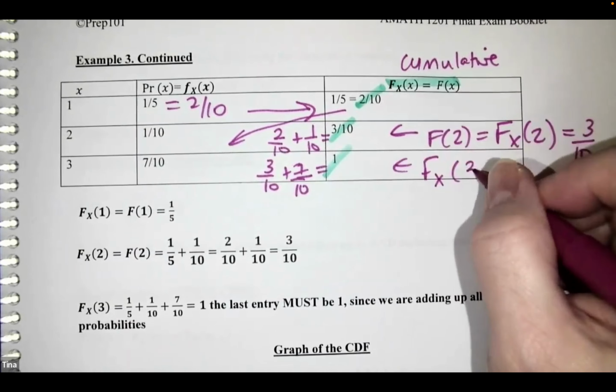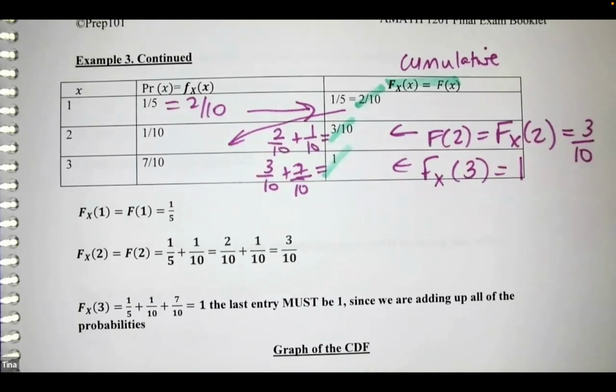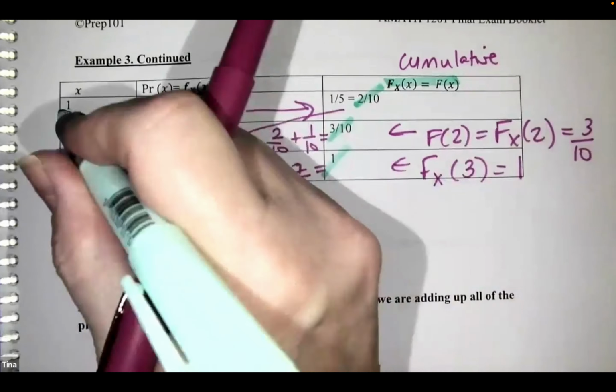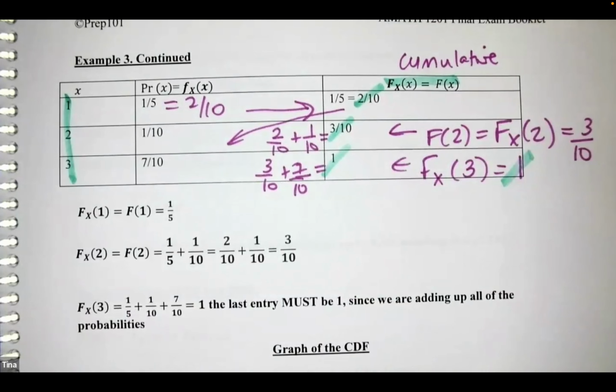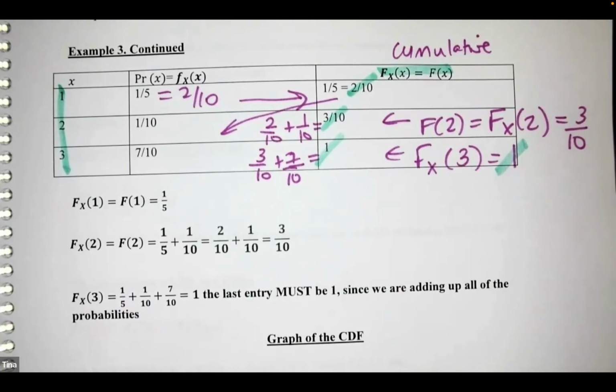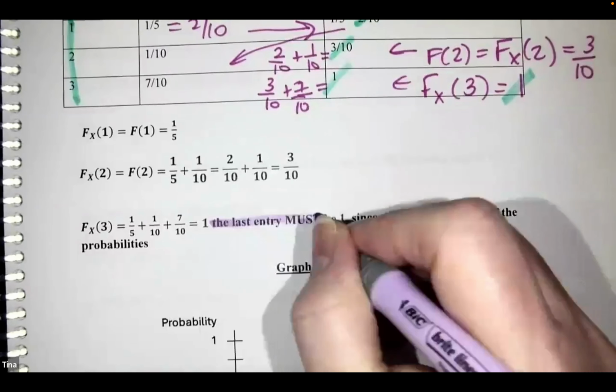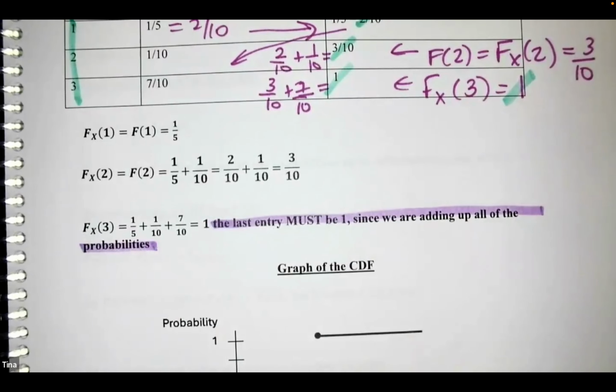F_X of 3 is 1. If we only go up to 3 for x values, the cumulative at the last one has to be 1 every single time. Think about it: if we're adding up the probabilities, what does the total probability have to be? Well, in every experiment, the total probability has to be 1. Keep in mind, that's the case for every cumulative.